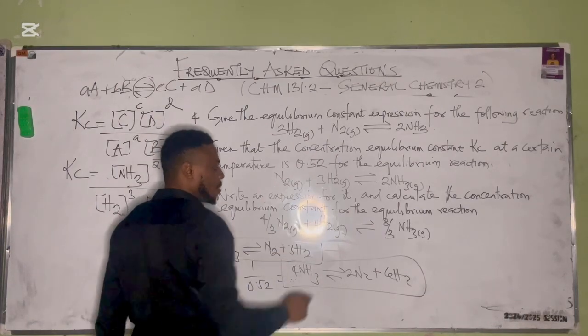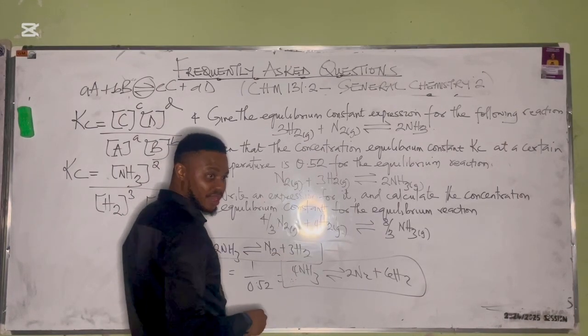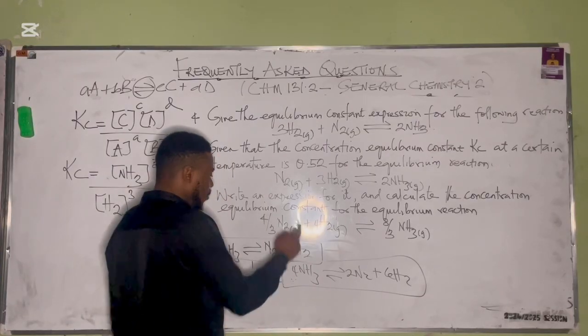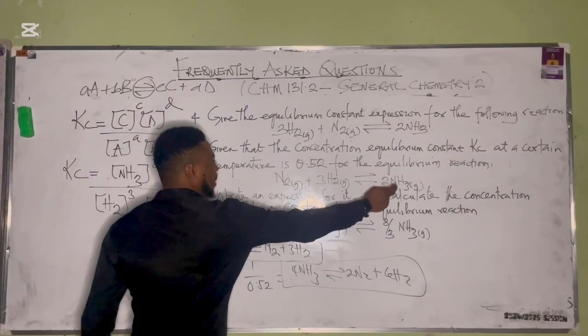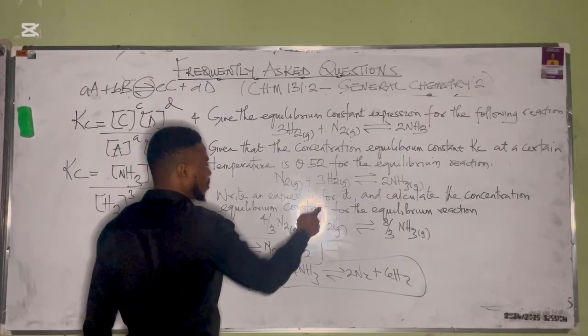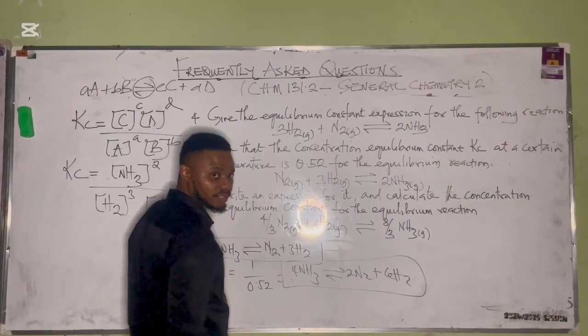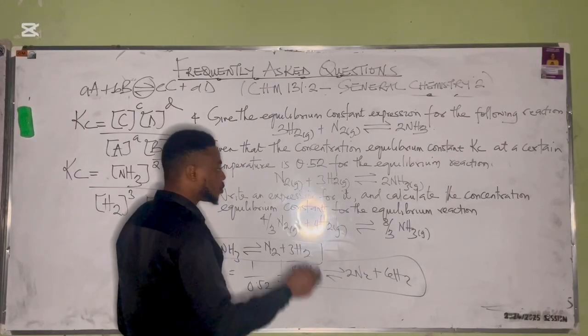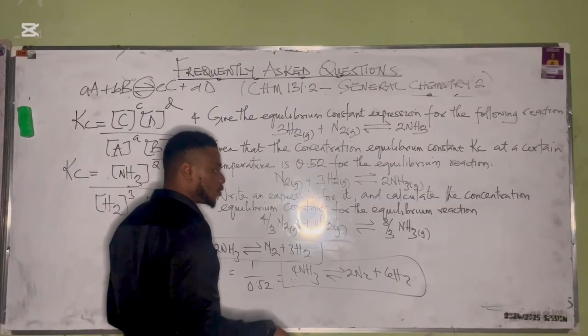Secondly, everything here was multiplied by 2. Look, NH3 was 2, now it is 4. N2 was 1, it is 2. 3, 6. So everything here was multiplied by 2. So not only was it reversed, it was multiplied by 2.